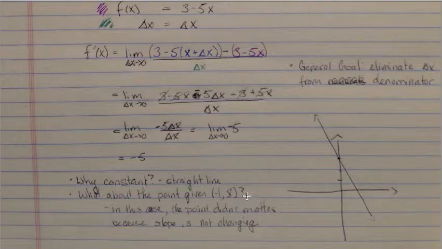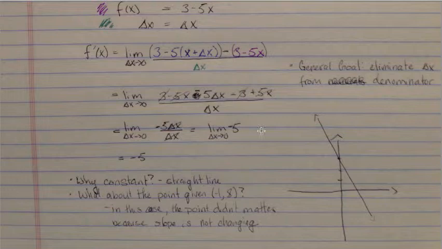Whether it's this point that they gave, or that point would be about there-ish, whether it's this point or a different point or any point on this line, the slope is constant because it's a straight line. Now in more complicated problems where you have curves and the slope is constantly changing, the point will matter. But in this case it was a constant, so it does not matter.